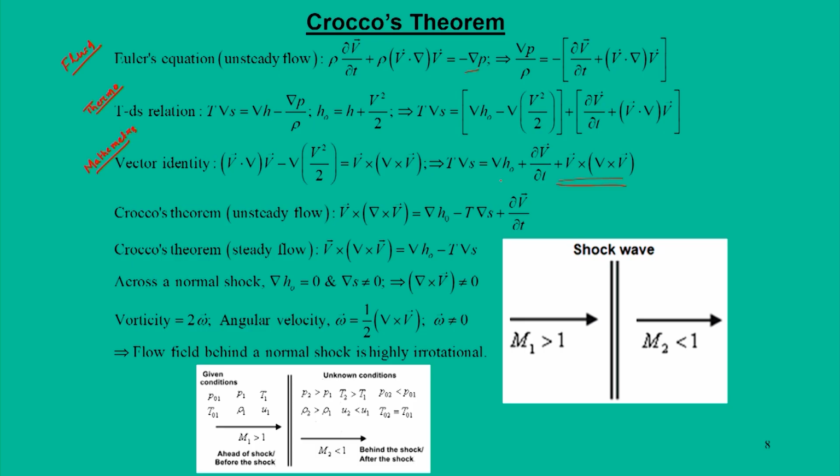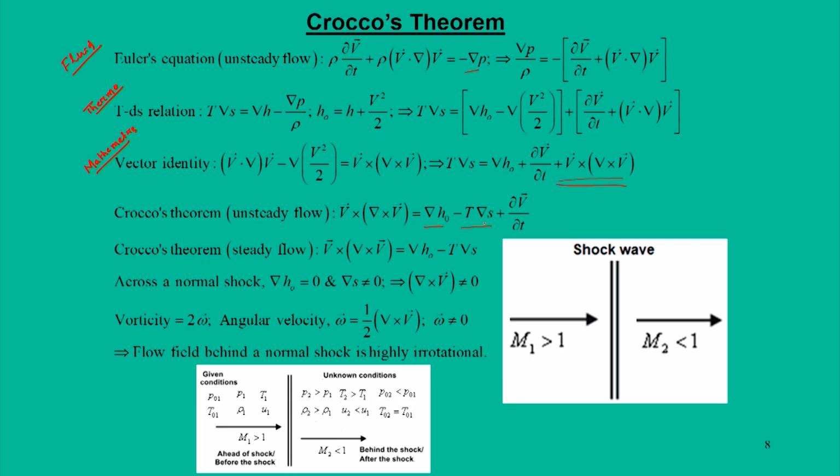So, in this relation that we obtained, the right hand side of this equation is T into gradient of S, which is a thermodynamic parameter. Here H is the enthalpy.